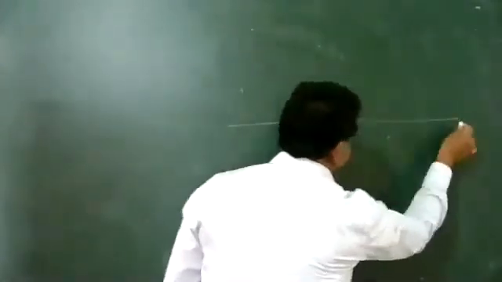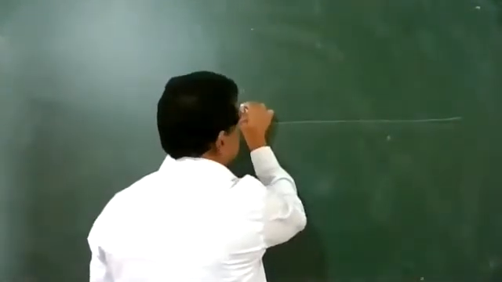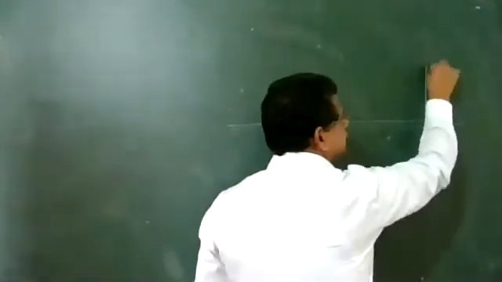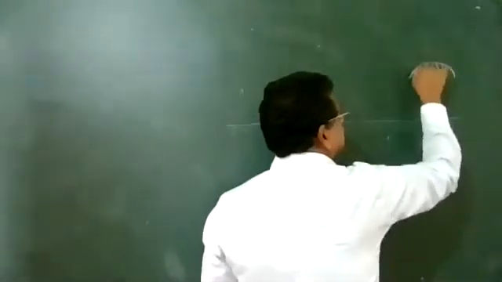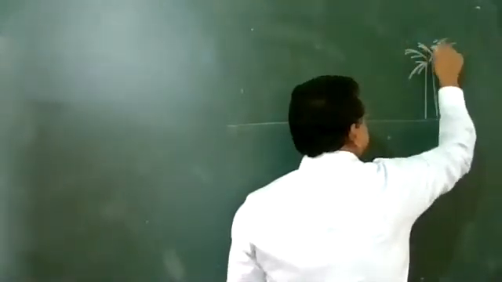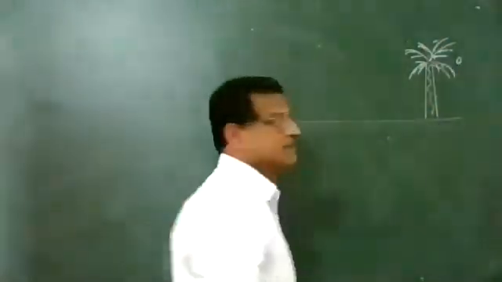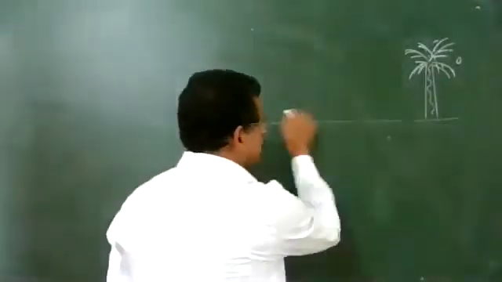So this is the surface, and the lower part, and an object such as a tree is here.